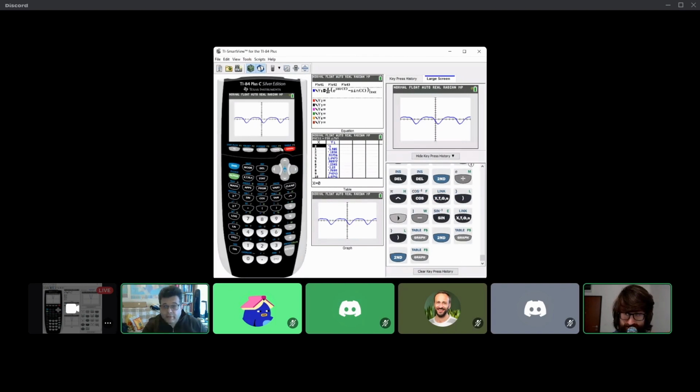If we go to second table, yeah, you see, here's the thing. We have to pick a step, so 0.1, for example, maybe. So second table set, if we do 0.1, and then look at the table.